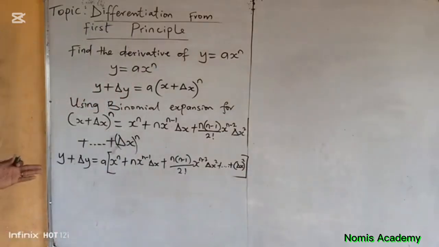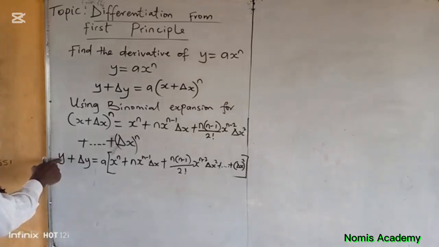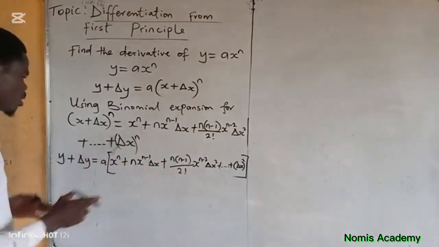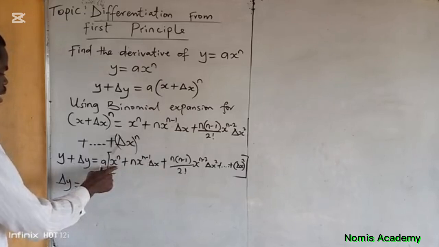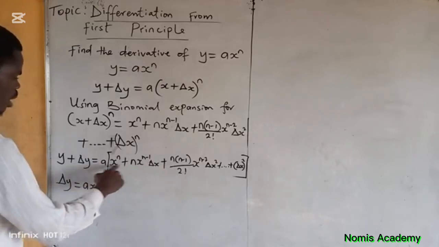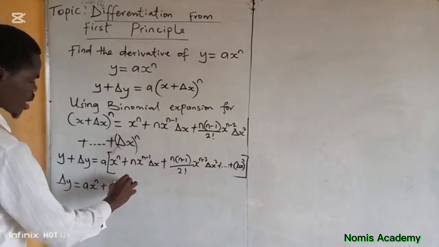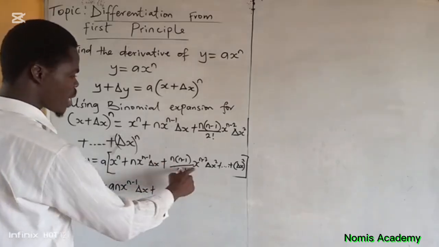Alright, the next thing we need to do, we can open up the bracket, and we can also move y to the other side, or we subtract y from both sides. Doing that, we are going to get delta y equal to, we open up, a times this, we have ax raised to the power of n, plus a times this, we have anx^(n minus 1) delta x, plus a multiplied by the third term.